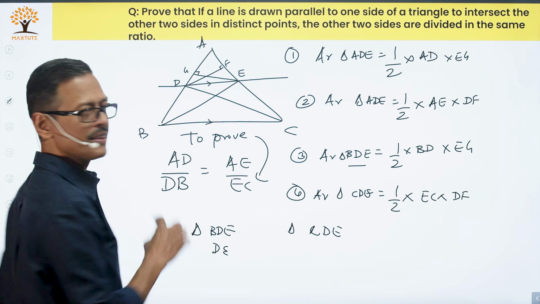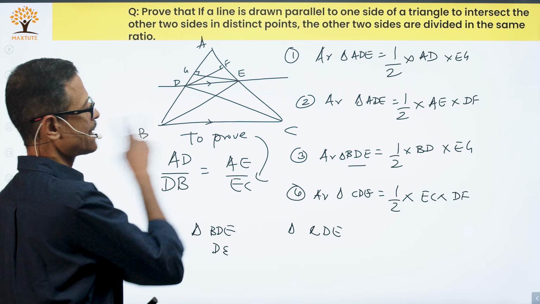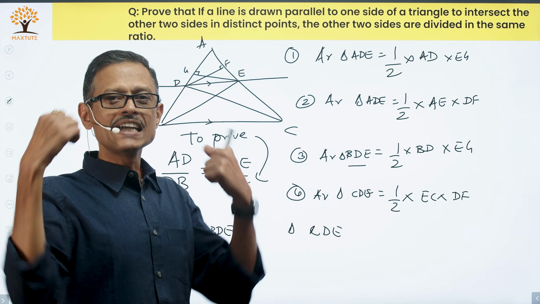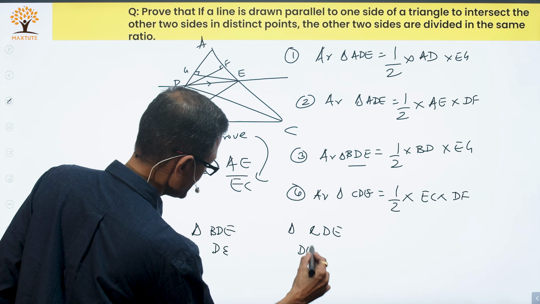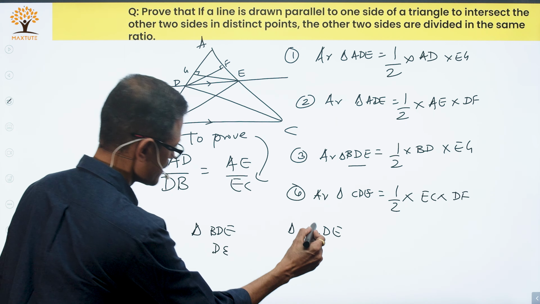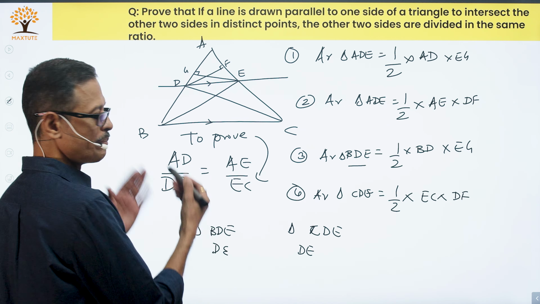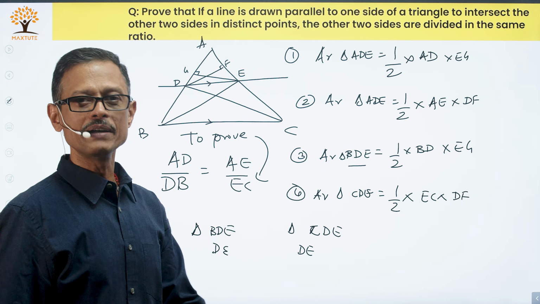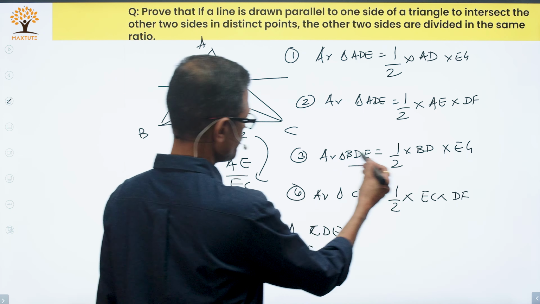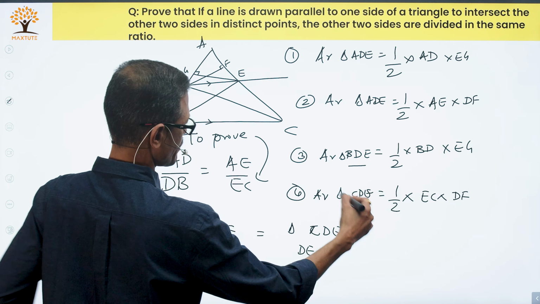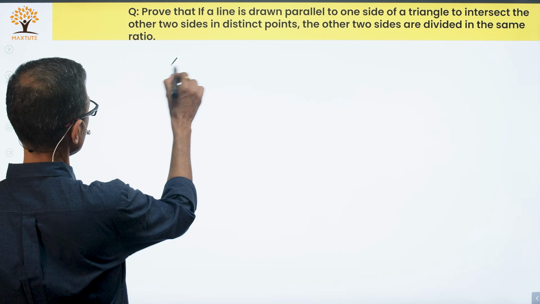And they are in between the same two parallels DE and BC, which essentially means that their altitudes are going to be the same, which means the area of triangle BDE with DE as the base and area of triangle CDE with DE as the base, because they have the same bases and they are in between the same two parallels, these two are equal. So area of triangle BDE, now I can write this fourth step. I'll write this 4 alone, I'll write it here.